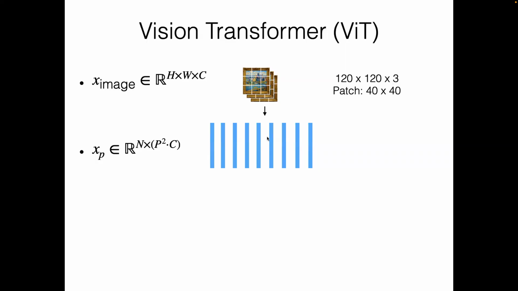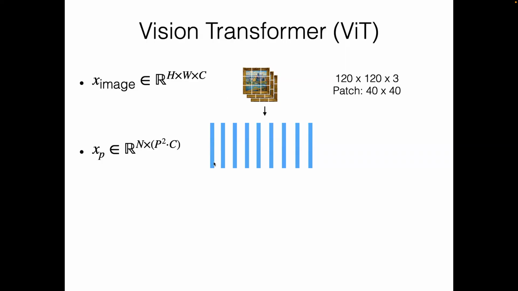So now what we're going to do is basically come up with the sequence. And here, n will be the number of patches. And here we're just flattening each patch. So it's saying, okay, for each patch, we have p squared different numbers times the number of channels. So this will be 1 vector corresponding to, say, this patch here for all 3 channels.